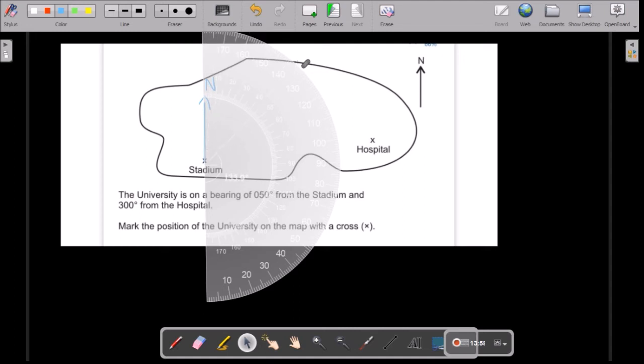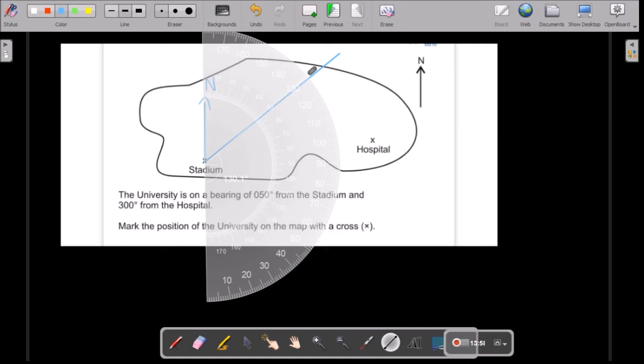The bearing we are looking at is 50 degrees clockwise, so we need to get this around there. That's 50 degrees clockwise, and I'm gonna use a blue line to go along this line here.